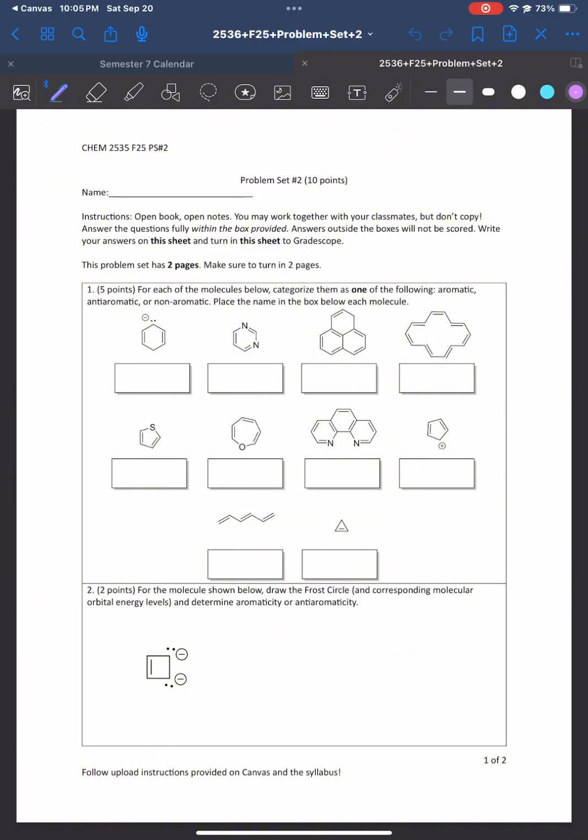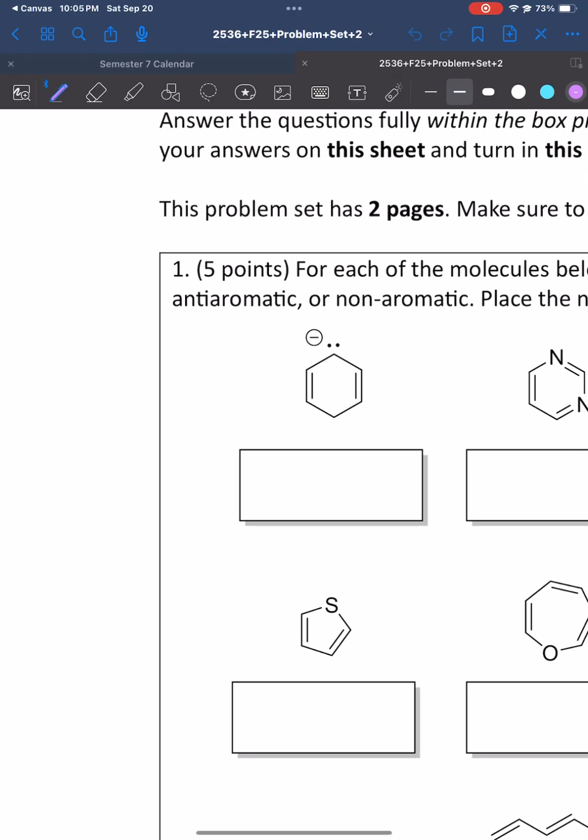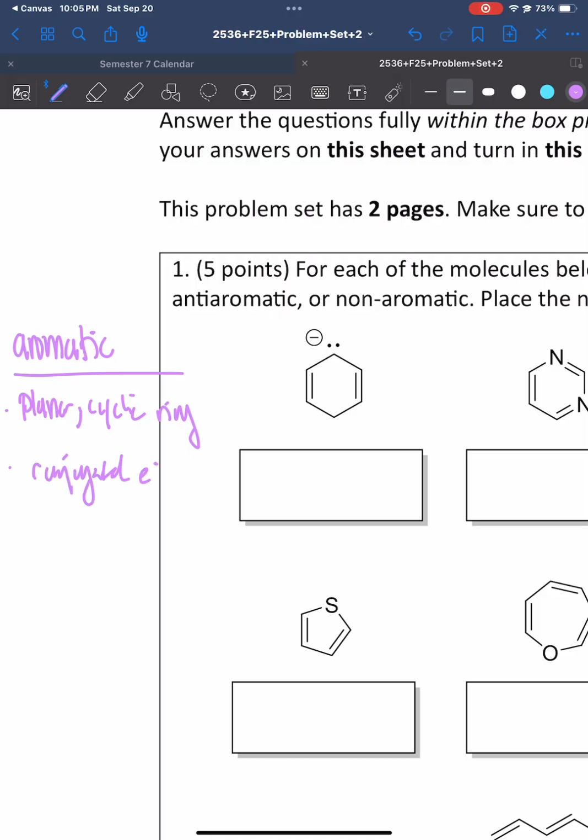So just a little refresher, for something to be aromatic, it must fulfill a couple of criteria. The first one being it must be a planar, cyclic ring structure. Second, it must have conjugated electrons.